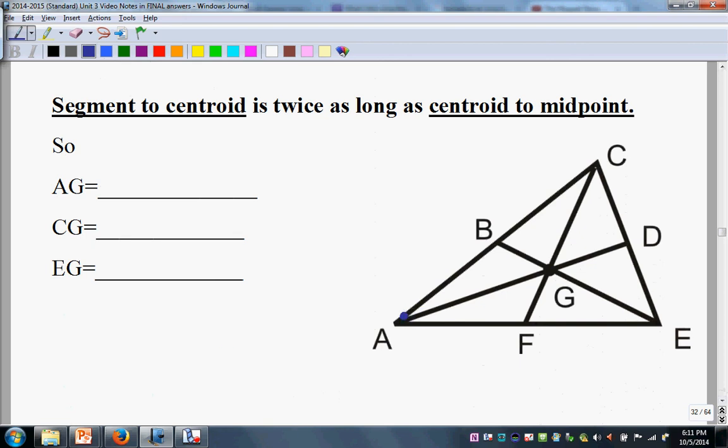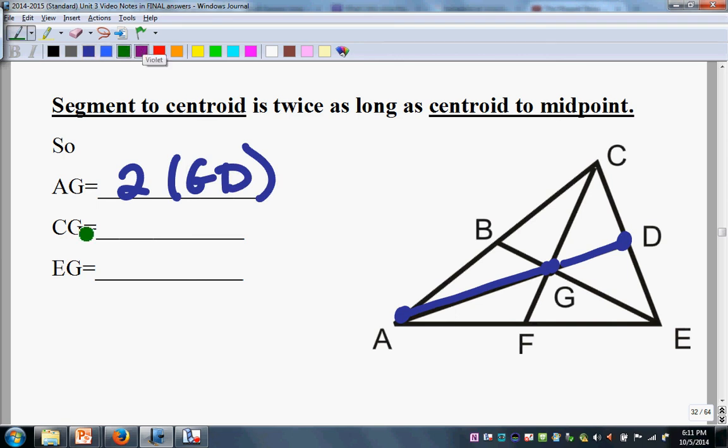So let's trace this. A to G is twice of G to D. So A to G is 2 of G to D in this diagram.